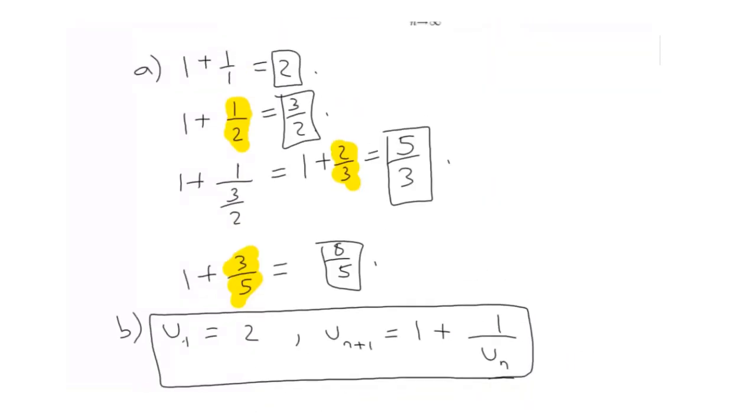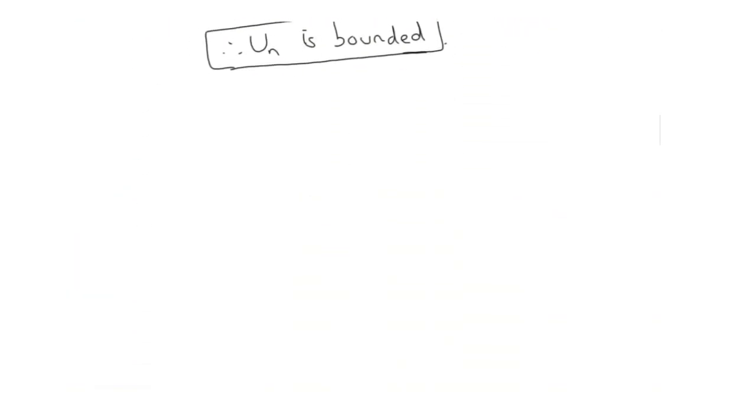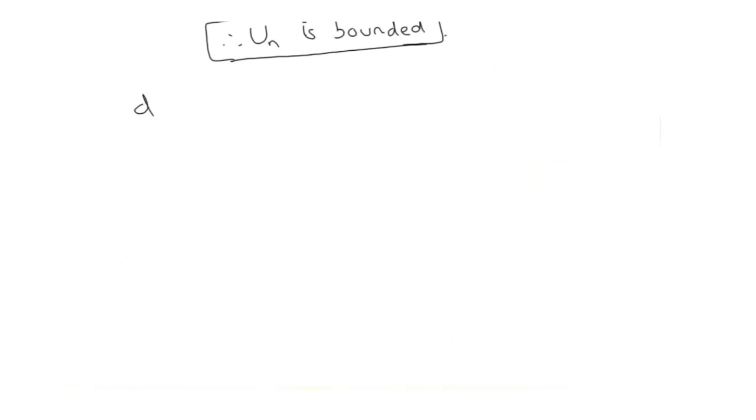Okay, there is one more part which is interesting. Given that Un converges, find the exact value of the limit as n approaches infinity of Un. So it tells us that it converges. Find the exact value of the limit as n approaches infinity of Un. So this part D. If we let the limit as n approaches infinity of Un, we're going to call that L, right?